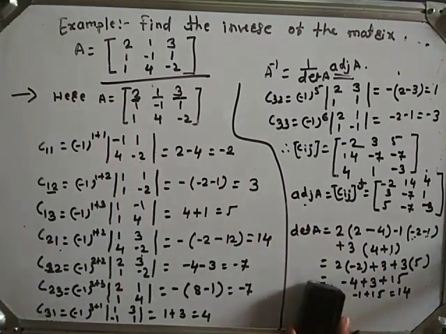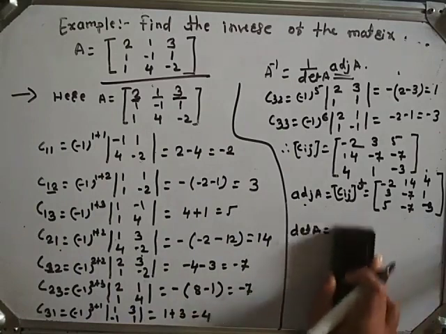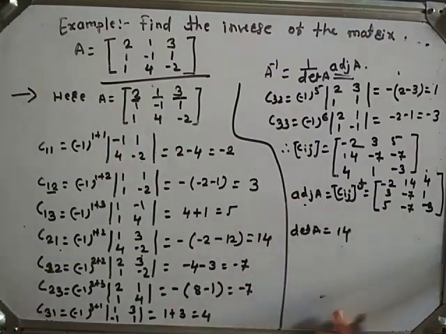So write down determinant of A is equals to 14, okay.